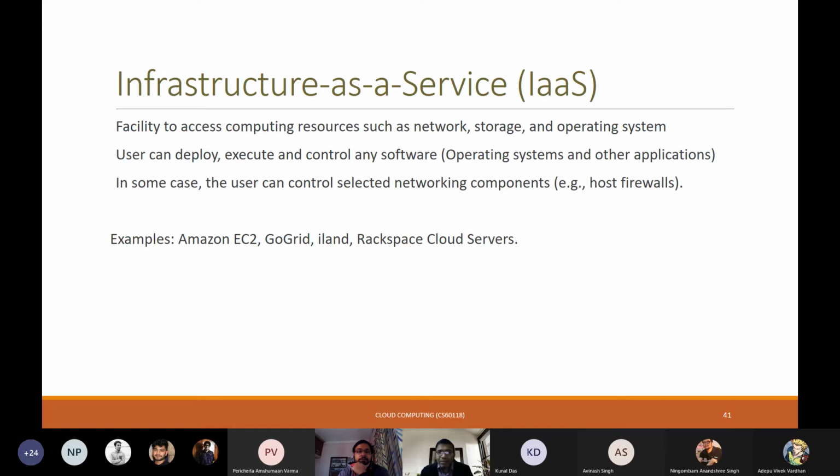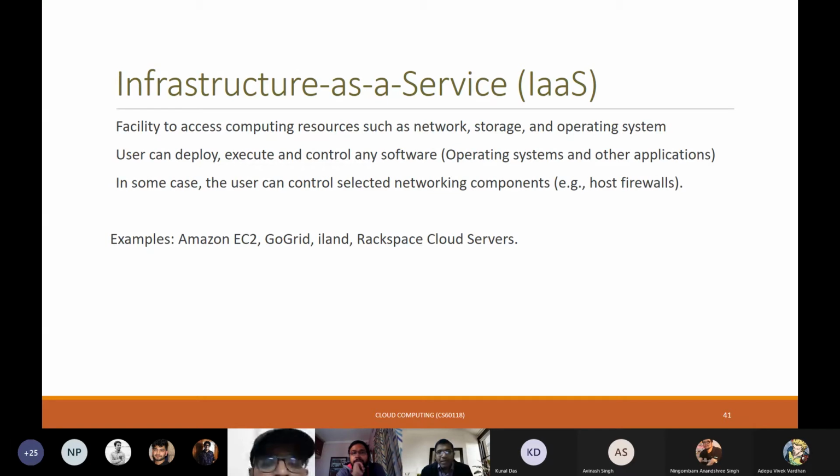So let me tell you that specifically in terms of the networking, there is another offshoot kind of concept which emerged, which is called network as a service, right? Which was initially not there in the three cloud computing service models, but it emerged as network as a service.